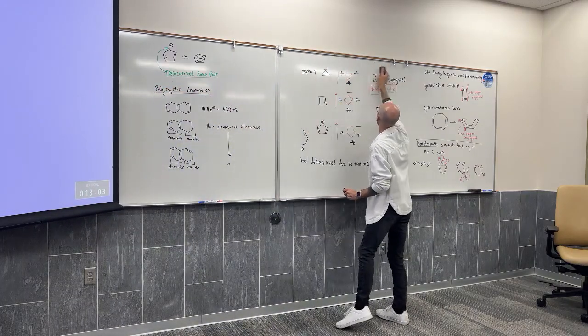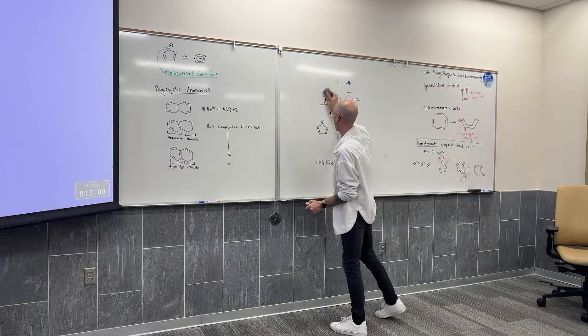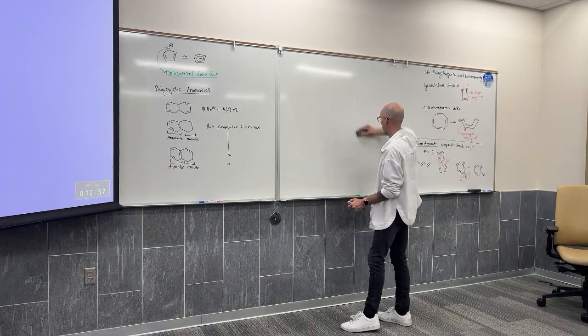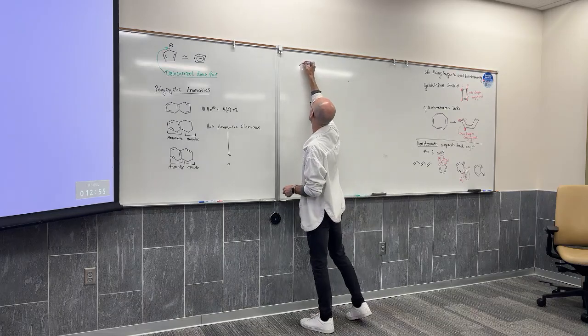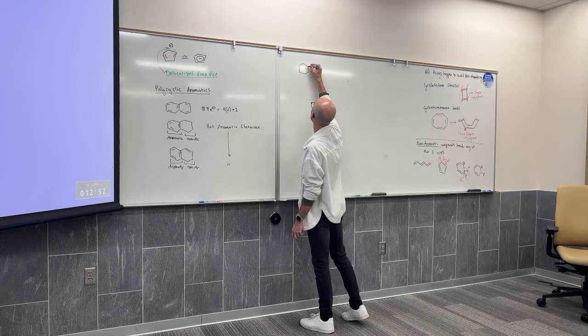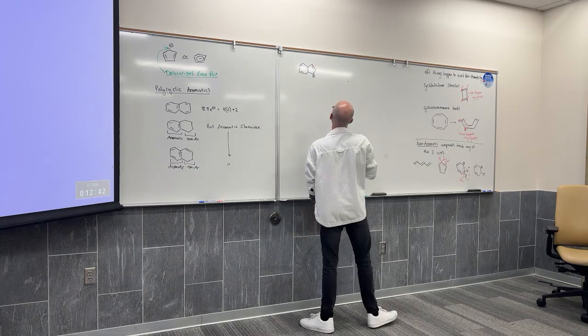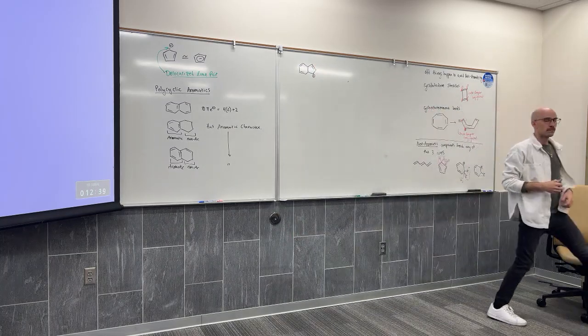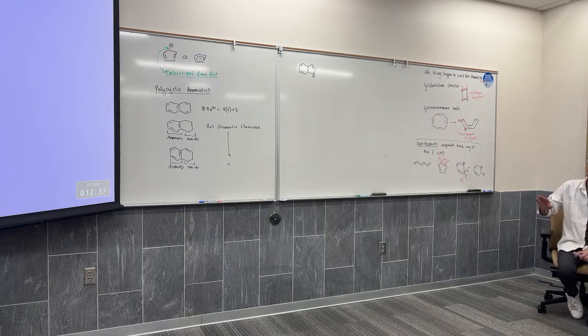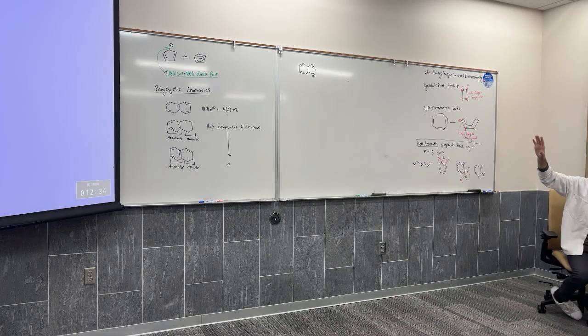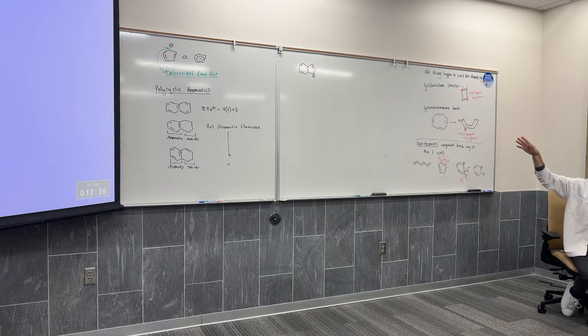Let's go back to a bicyclic structure that breaks aromaticity. You'll notice that the ring on the left looks like benzene. The ring on the right looks like the cyclopentadienyl cation.